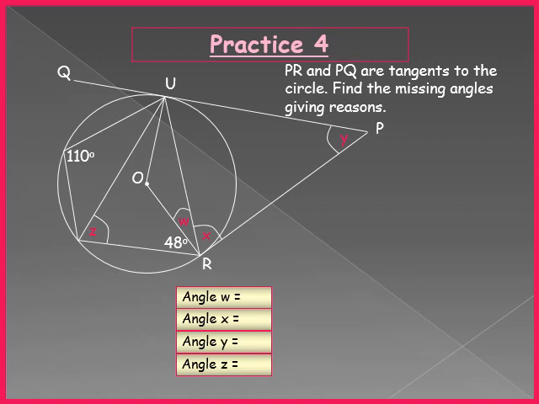As you can see, 4 vertices on the circumference, 1, 2, 3, 4. What's the supplement of 110? Supplement of 110, let me mark it in a different color. It's this.